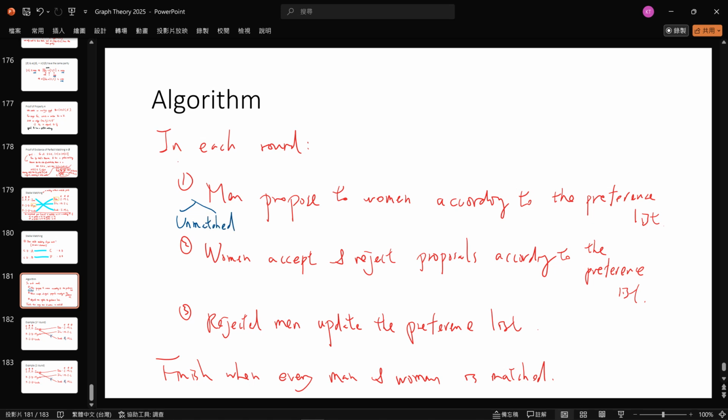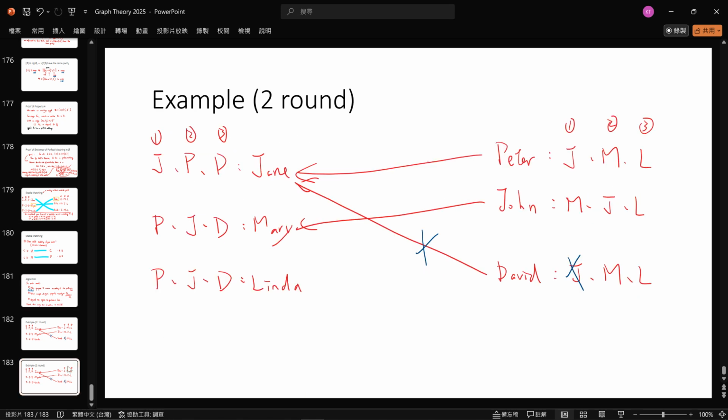So if a man is already matched to some woman, then the man will not make any proposals. So in the second round, the only new proposal is from David to Mary.